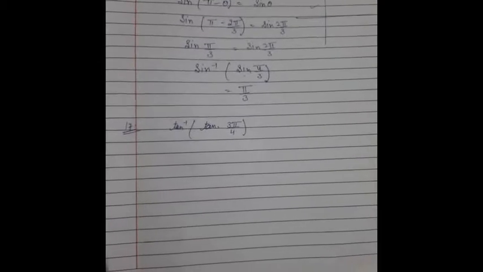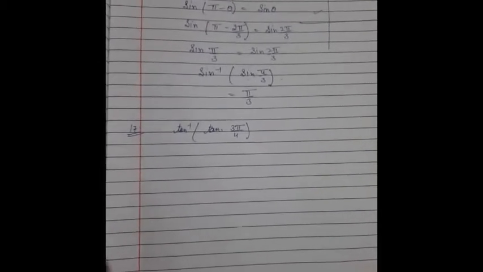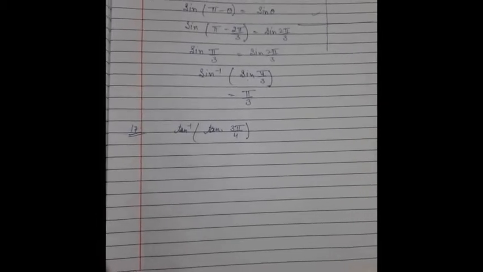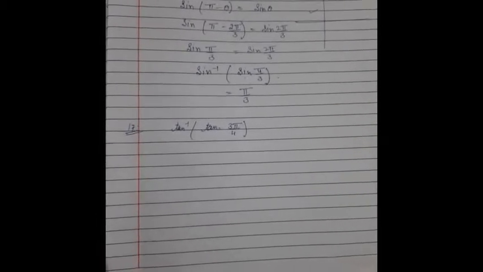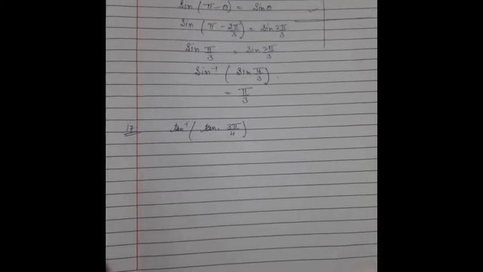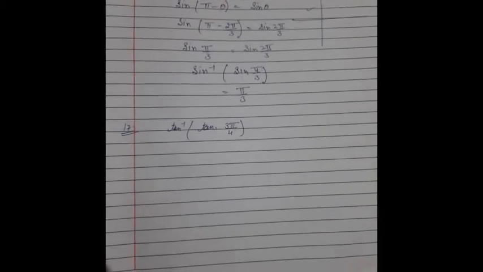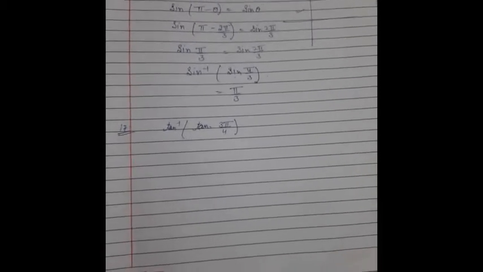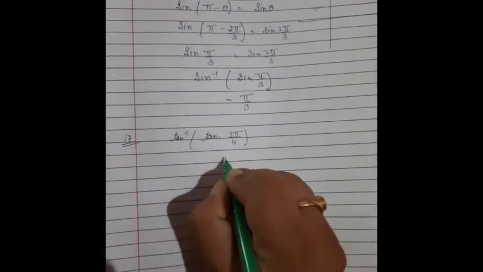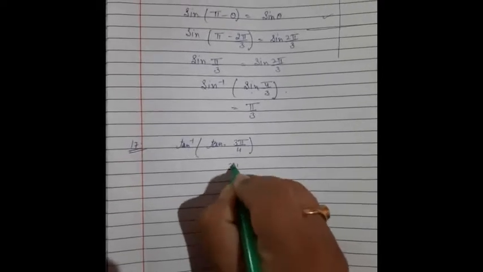Now we are doing question number 17. Find the value of tangent inverse tangent of 3 pi by 4. Here also 3 pi by 4 is not contained in the principal branch value of tangent inverse. The principal branch of tangent inverse is minus pi by 2 to pi by 2.